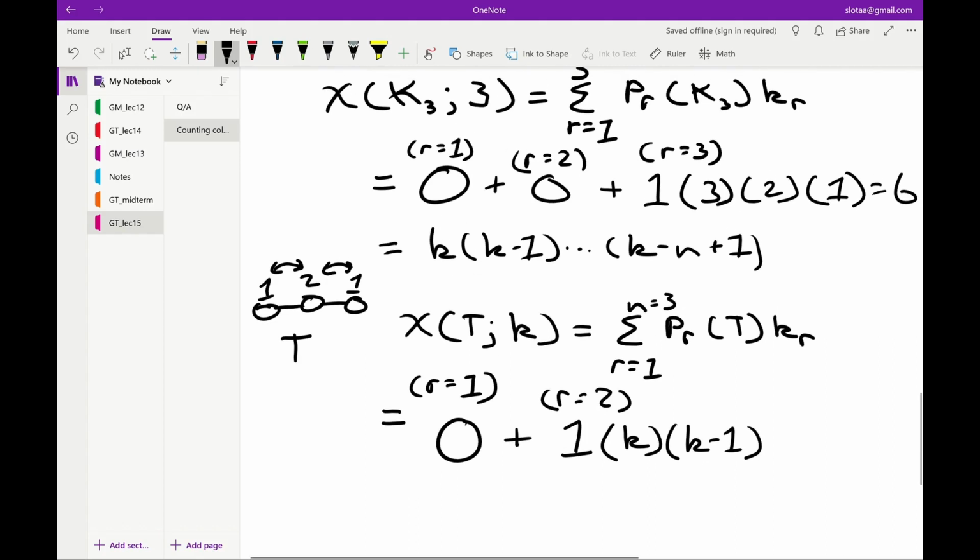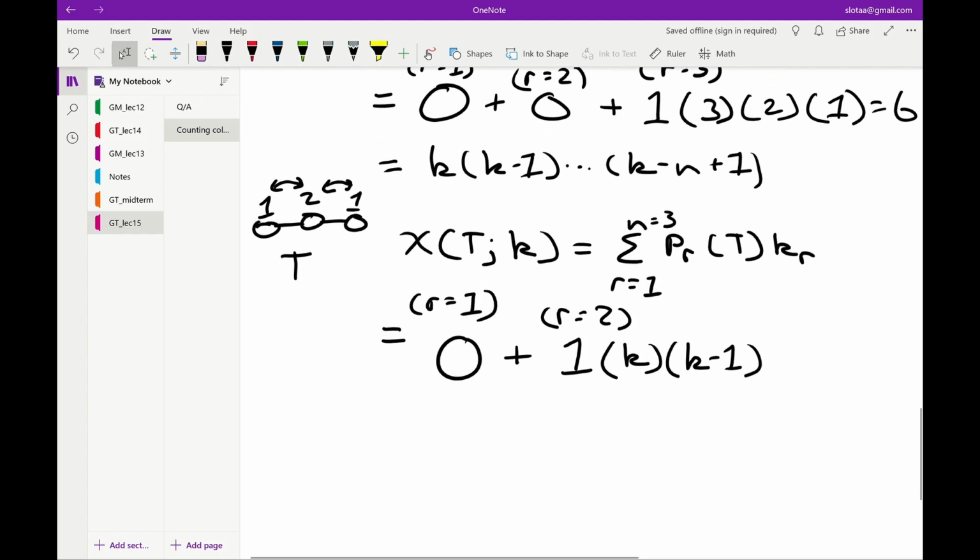And then what about for R equal to 3? Again, really we only have one way that we can partition these vertices, just putting every vertex into its own independent set. Recall how it's drawn up here with 1, 2, 3.